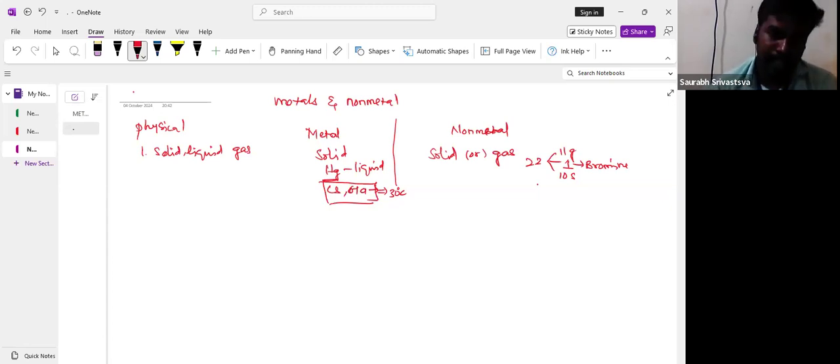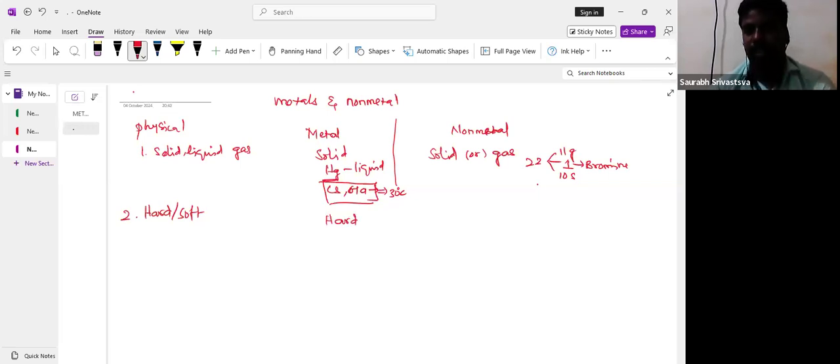Next, the second property: hard or soft nature. Generally, metals are hard in nature, but non-metals are soft. Here also exceptional cases are there. Why? Because in the question they will ask only exceptional cases, not the general terminology.